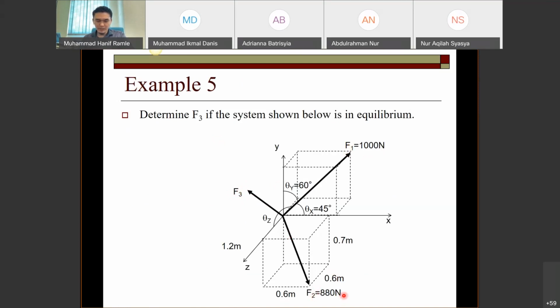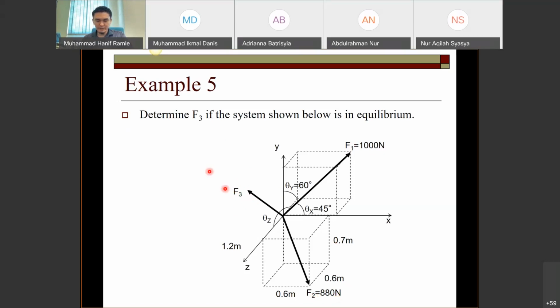And you have to determine F3. So bear in mind that this is 3D, meaning that all forces must be in IJK form. F1 in terms of IJK form, F2 must be in IJK form, and the same goes for F3, it must be in terms of IJK form.